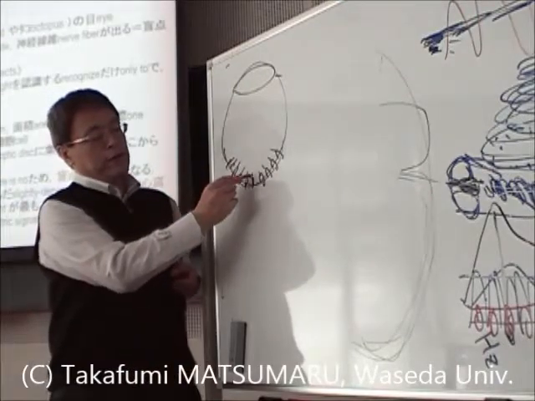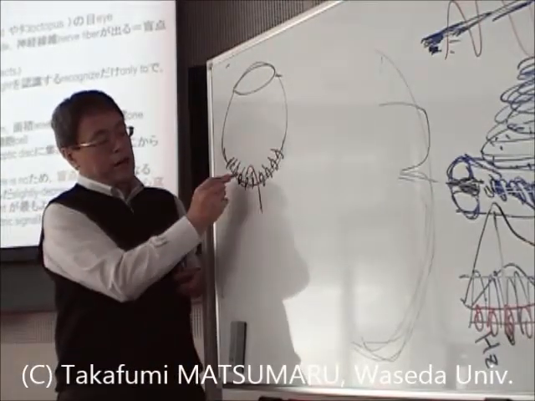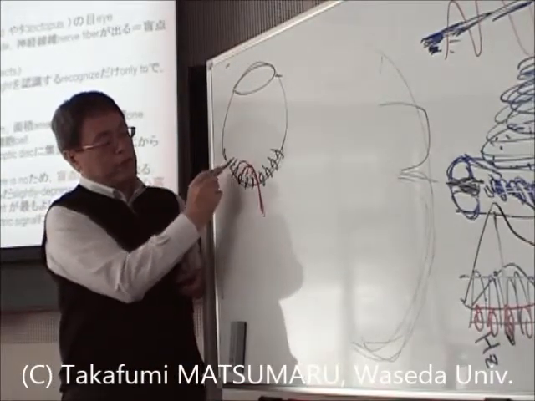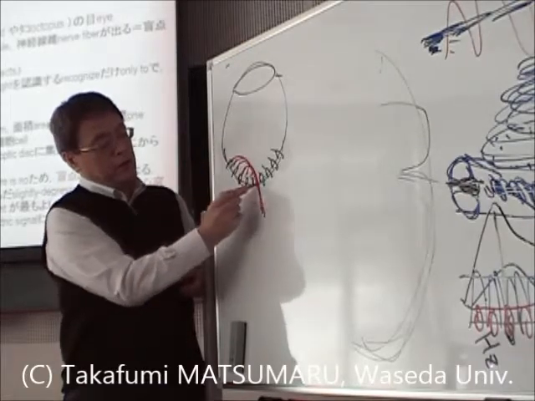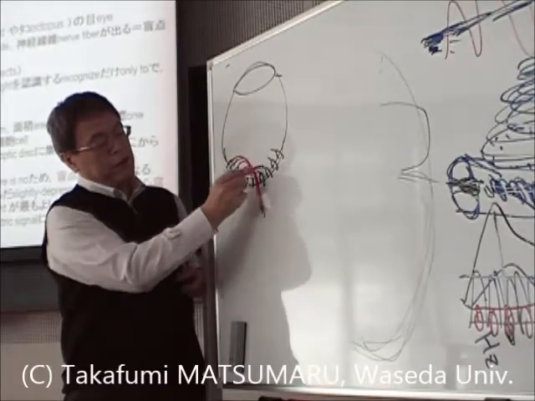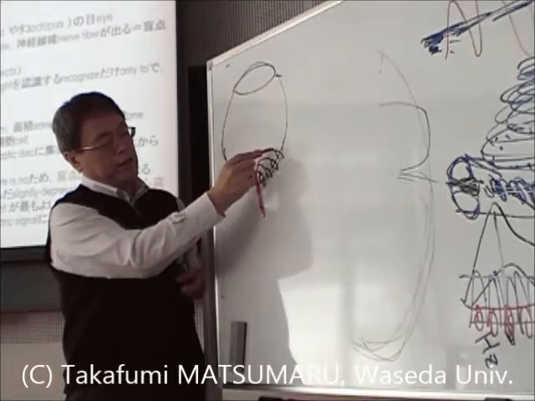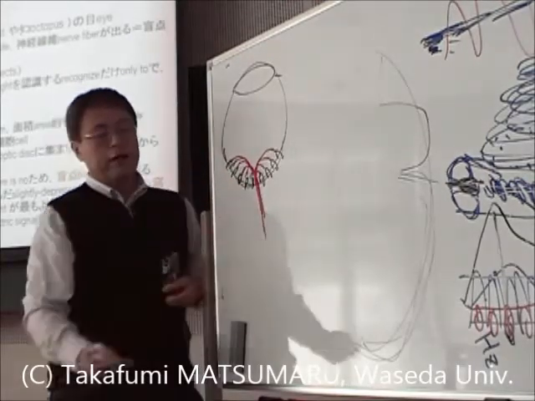So in some part, the nerve cells are concentrated, and from one portion the nerve fibers are concentrated and go to the brain.